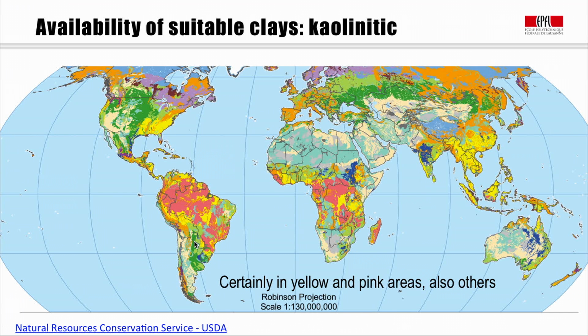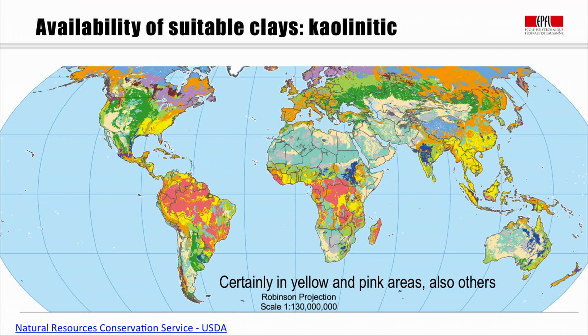And in fact, we've seen in India, where we've made much more detailed studies, that suitable clays are not confined only to these yellow and pink regions, but we actually have very large amounts of suitable clays, for example, in this region of India, in Gujarat and Rajasthan, which on this soil map would appear not to be so suitable.